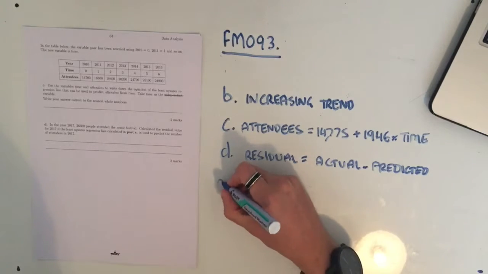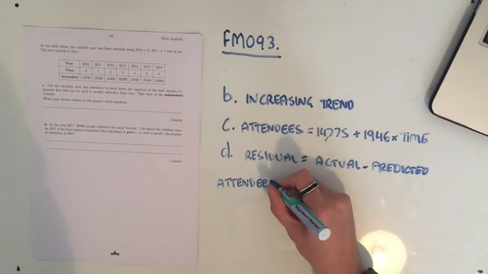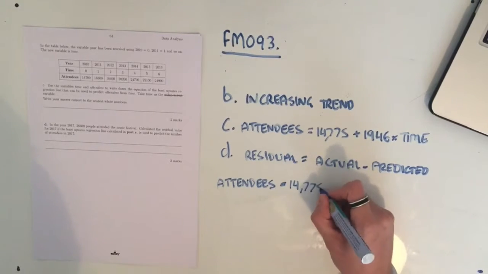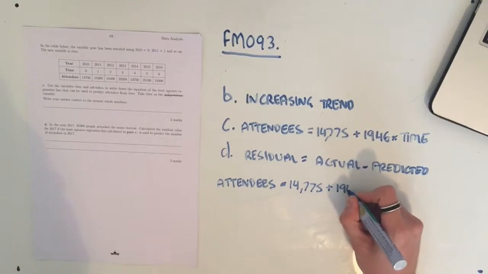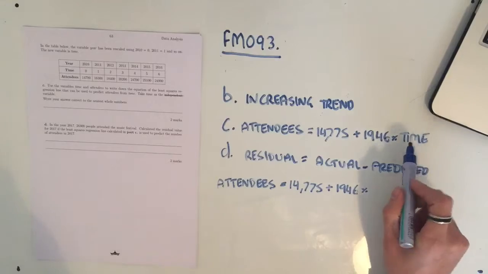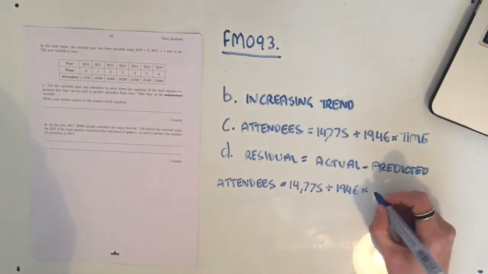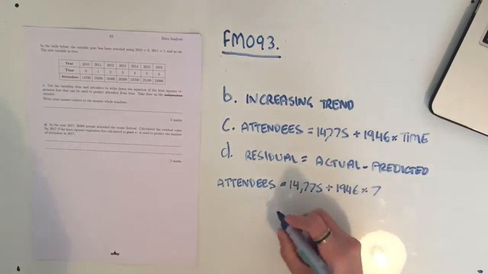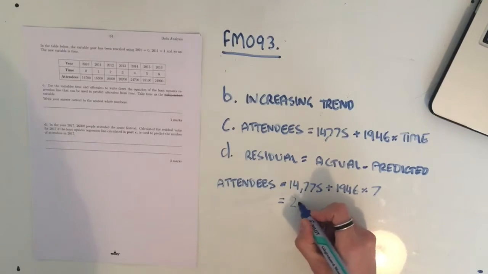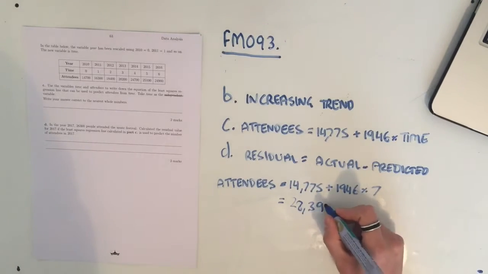So attendees is going to be equal to 14,775 plus 1,946. Remembering that time has been changed over to these numbers, 2017 is going to be the equivalent of 7 for time, so it's 1,946 times 7, and our final attendee number, when you calculate that all out, should be 28,397.